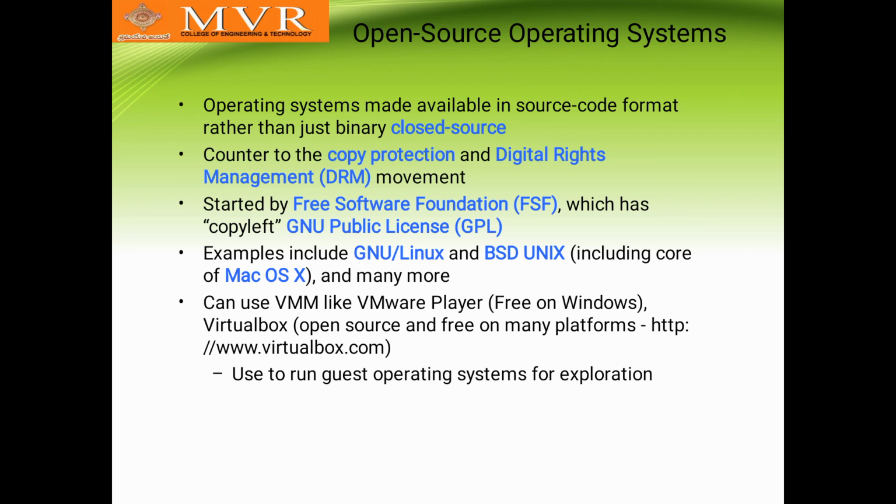You can use a virtual machine manager like VMware Player, free on Windows, or VirtualBox, open source and free on many platforms, at www.virtualbox.com, to run guest operating systems for exploration.